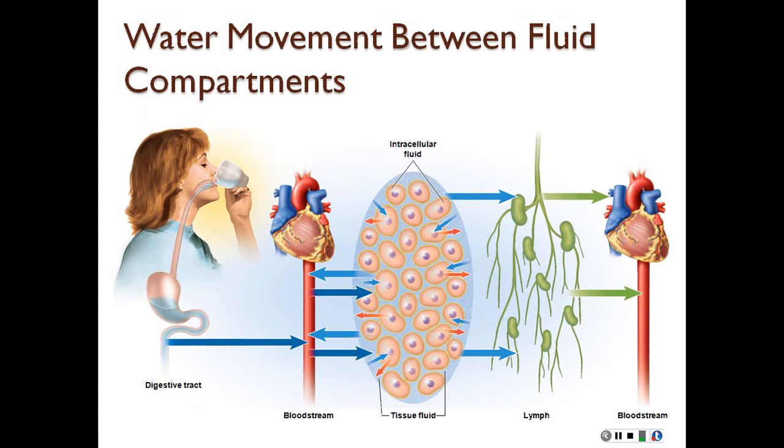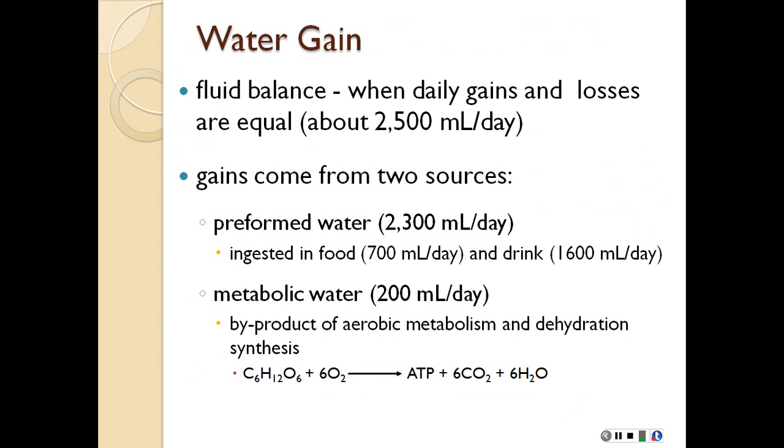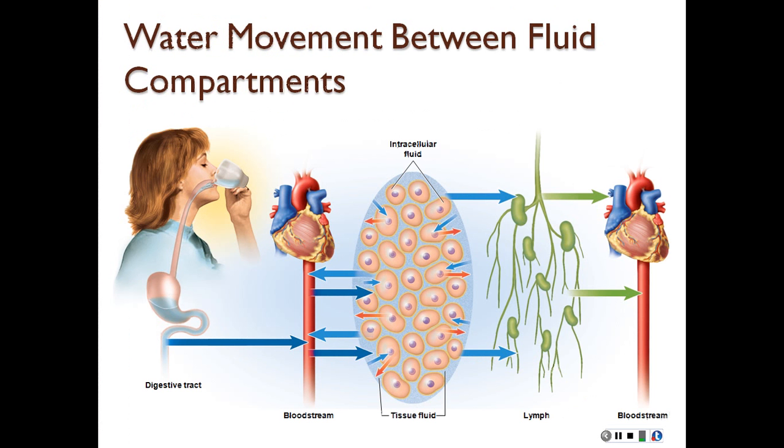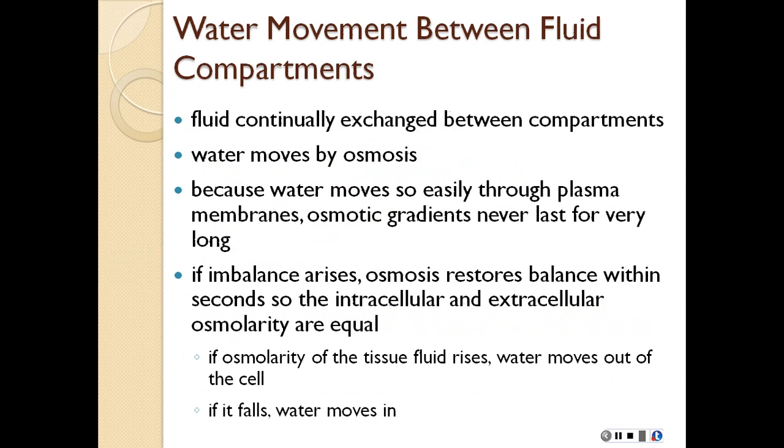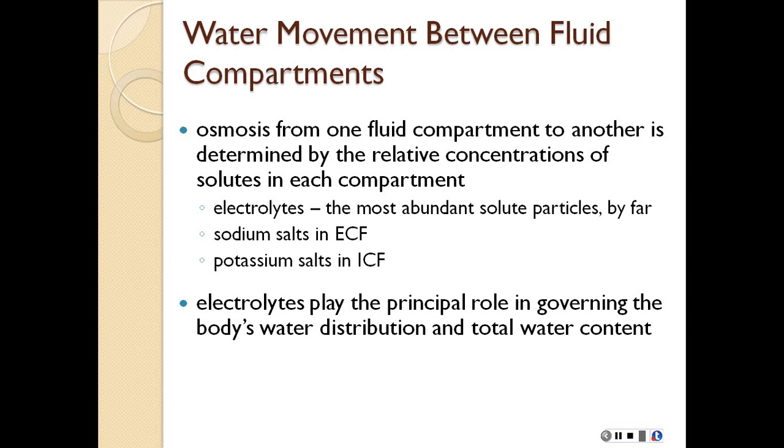So here we're talking about this fluid here. So if the interstitial fluid has an increase in osmolarity, there's more salt, so water is going to come out of the cell and into the tissue. Okay? All right. I think I mentioned everything on that one. Okay, if it falls, so if osmolarity falls, water goes the opposite direction.